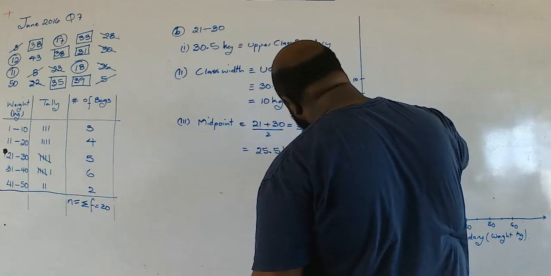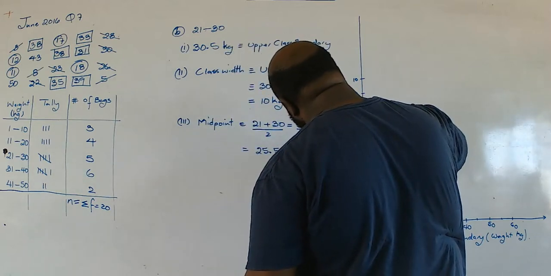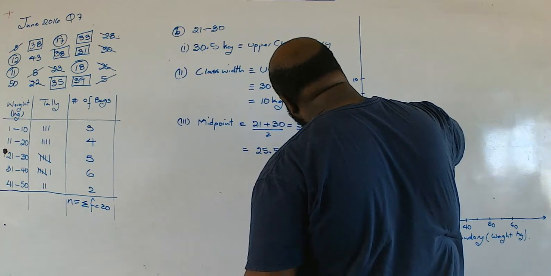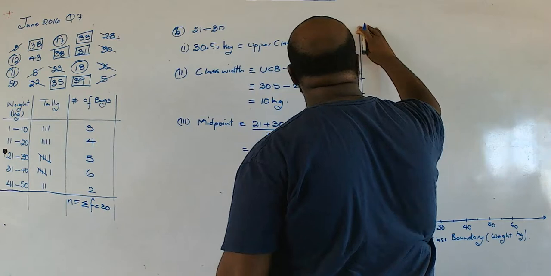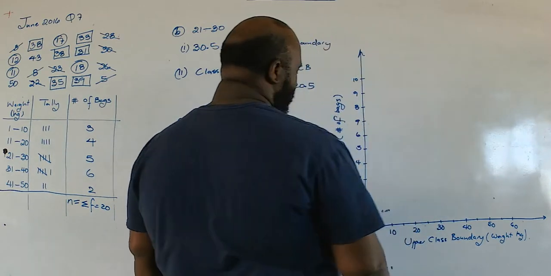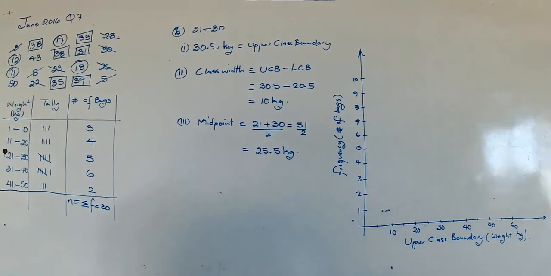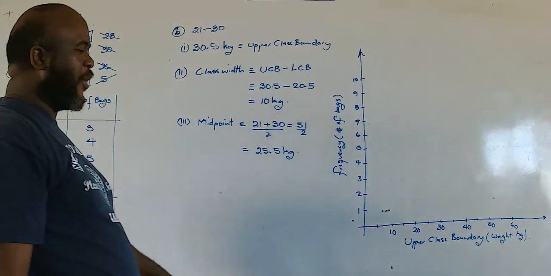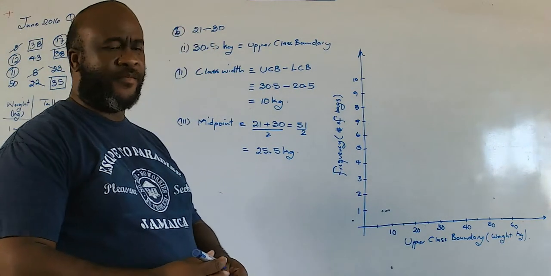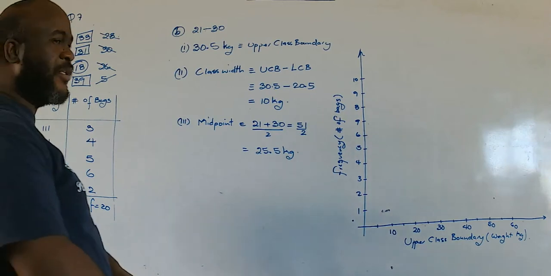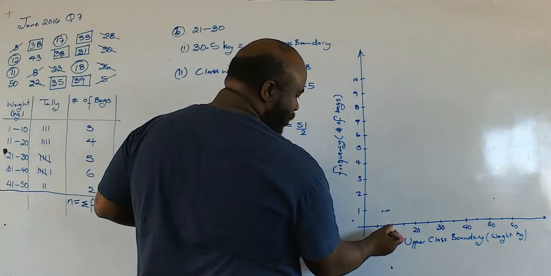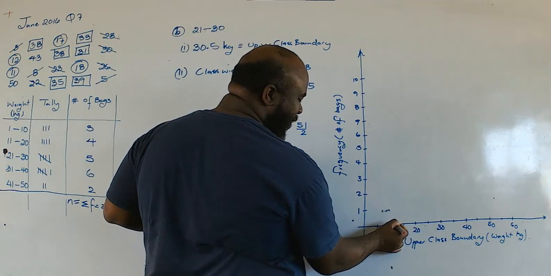Over here we have frequency, which is the number of bags. Who can tell me what is the size of each minor division? On the horizontal axis, each minor division is 1. So immediately after 10, you have 11.